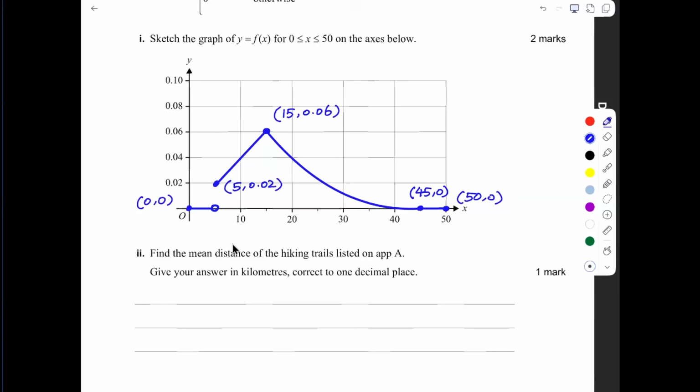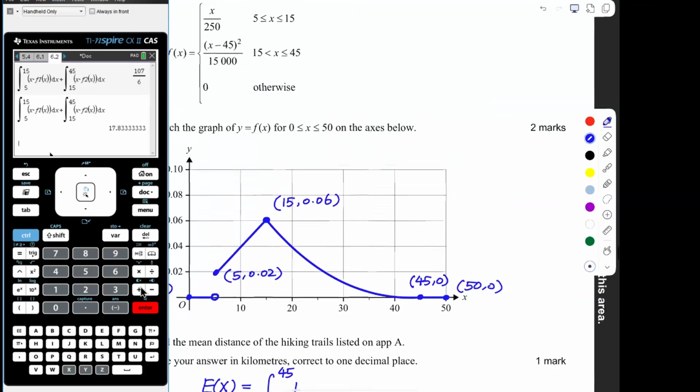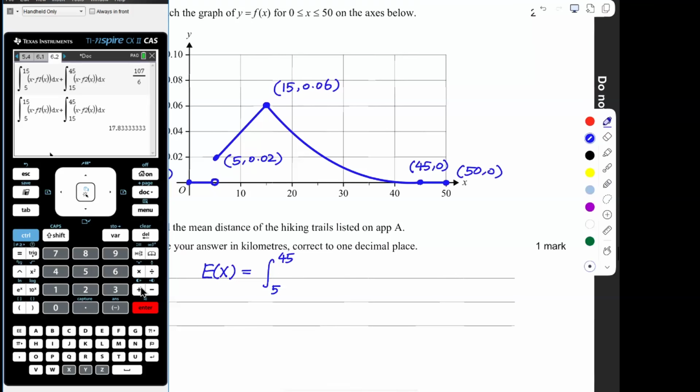That gives 107 over 6. So you can write the expected value of x equals the integral from 5 to 45 of x times f of x dx, giving you 107 over 6, which is rounded to 17.8 kilometers, 1 decimal place.